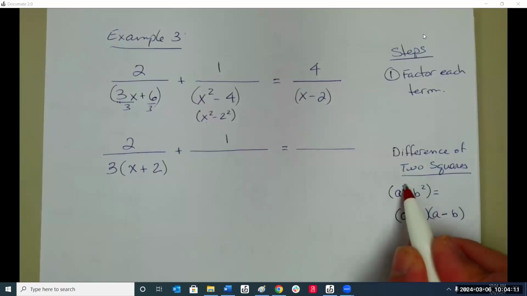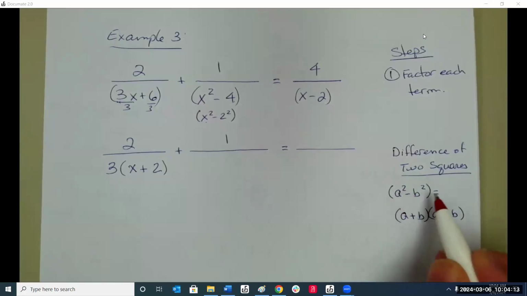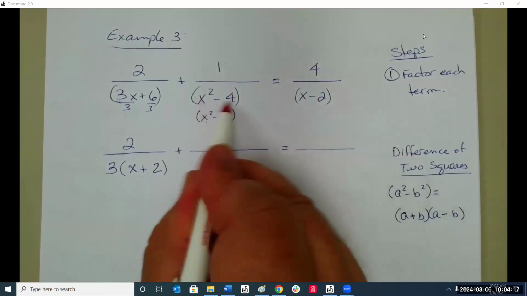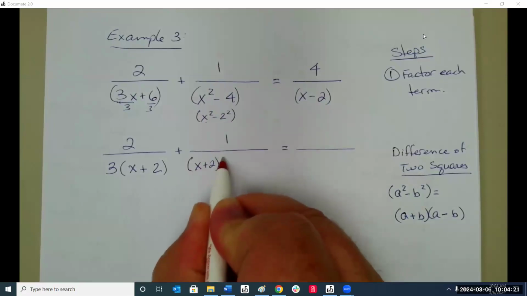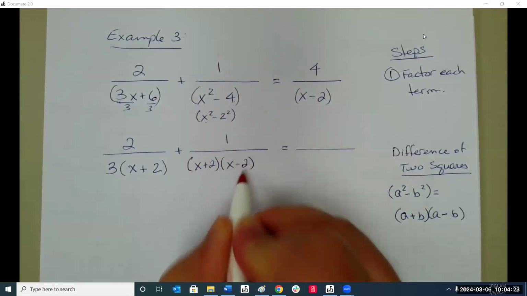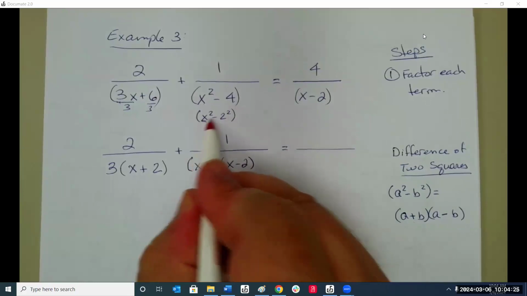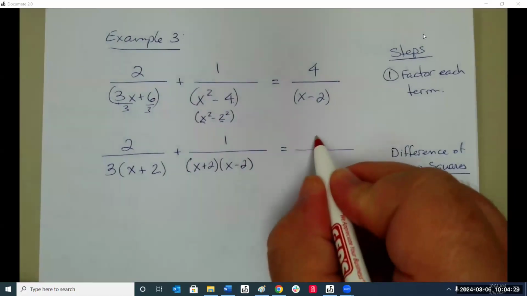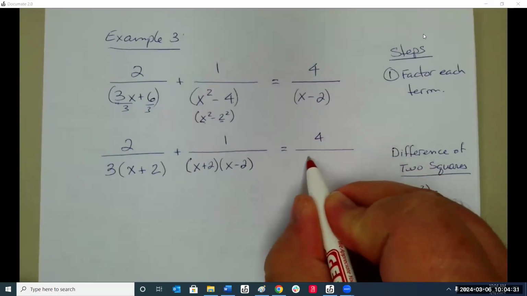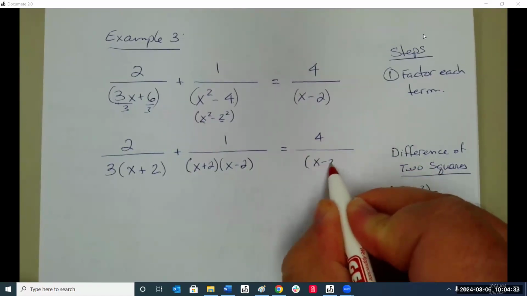What's going to happen is you're going to take the first term minus the second term, and you're done. So this one can factor out into x plus 2, x minus 2, because that's what's under the squares. And then we have 4 over x minus 2.